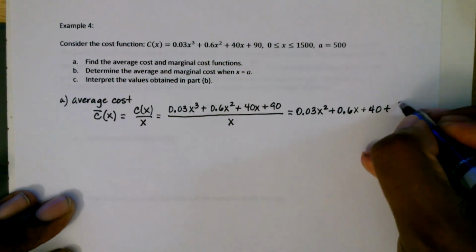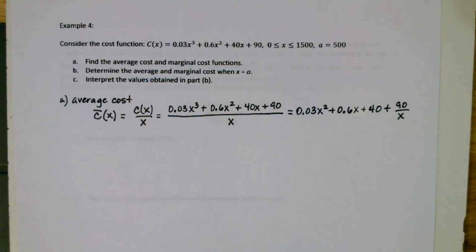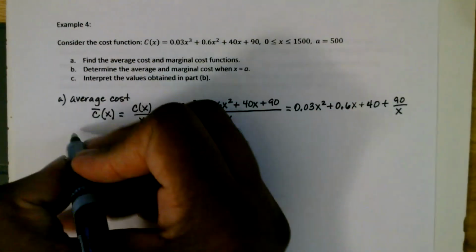Then 90 divided by x will be 90 over x. So this is your average cost function: 0.03x squared plus 0.6x plus 40 plus 90 over x. So that's part A. Now for the marginal cost.